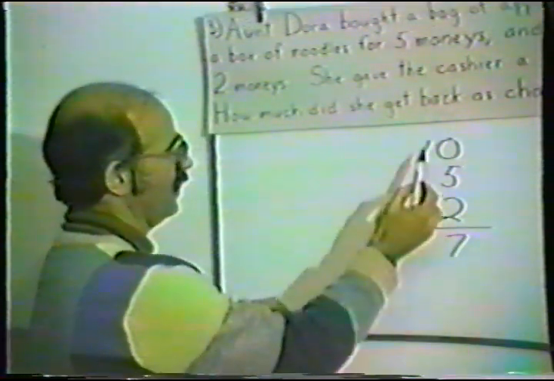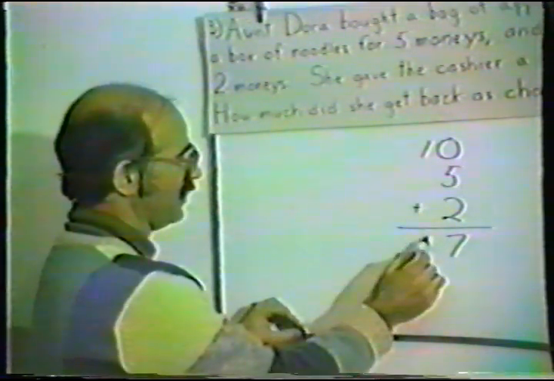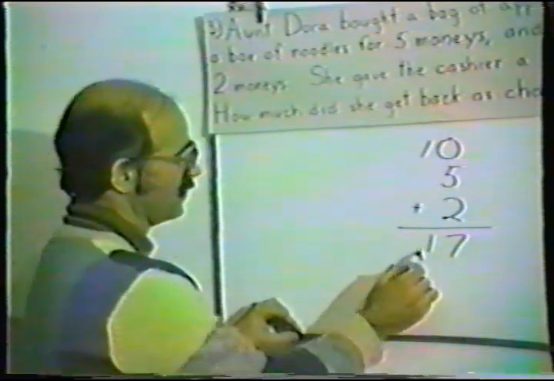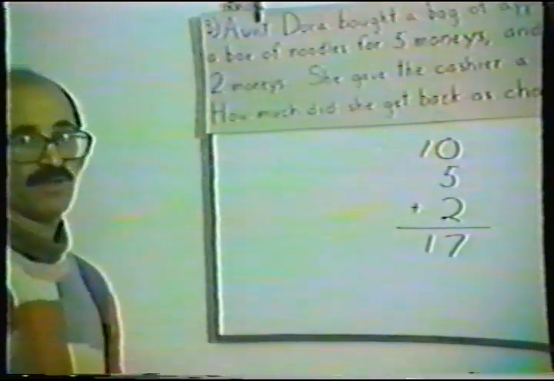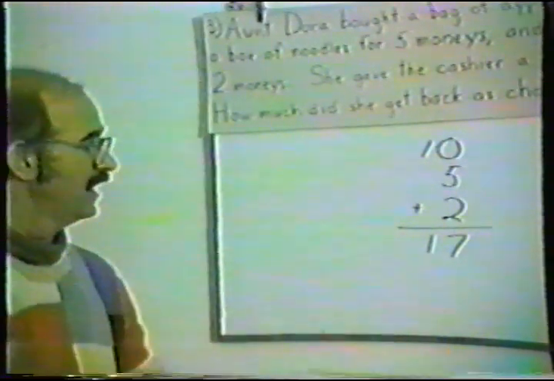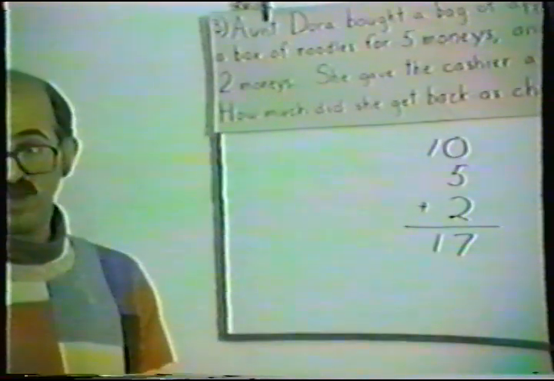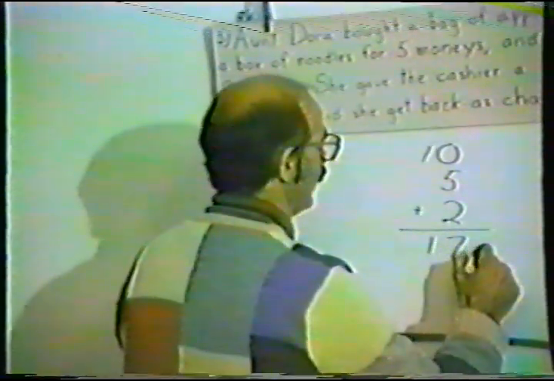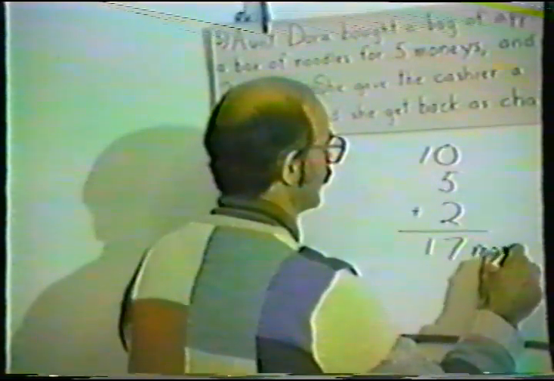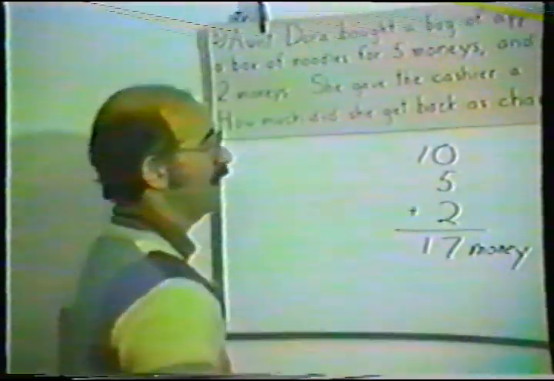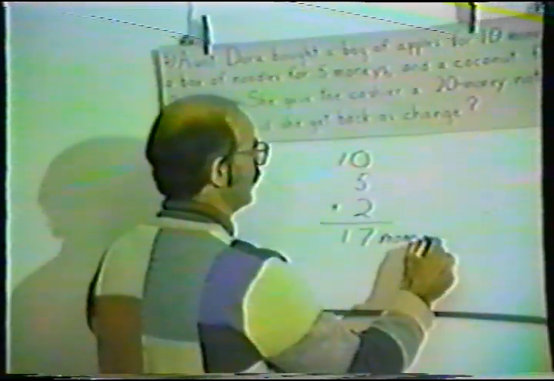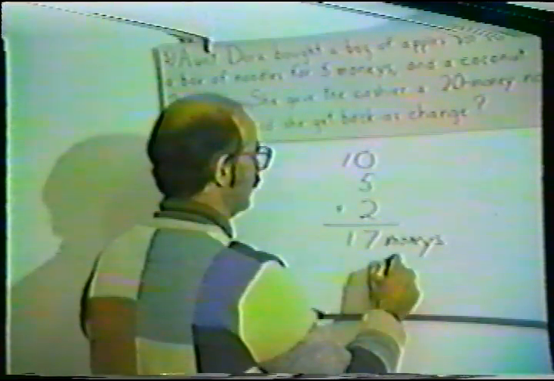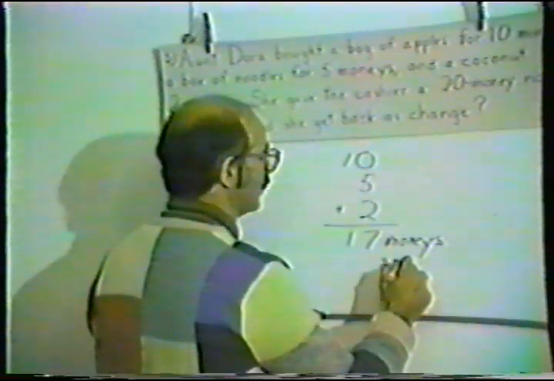Nothing to carry. 1 plus 0 is? 1. So, now we have an answer of 17. And that's 17 what? Monies. And what about those monies? Monies that were spent. That's how many monies were spent. That is the cost of everything.